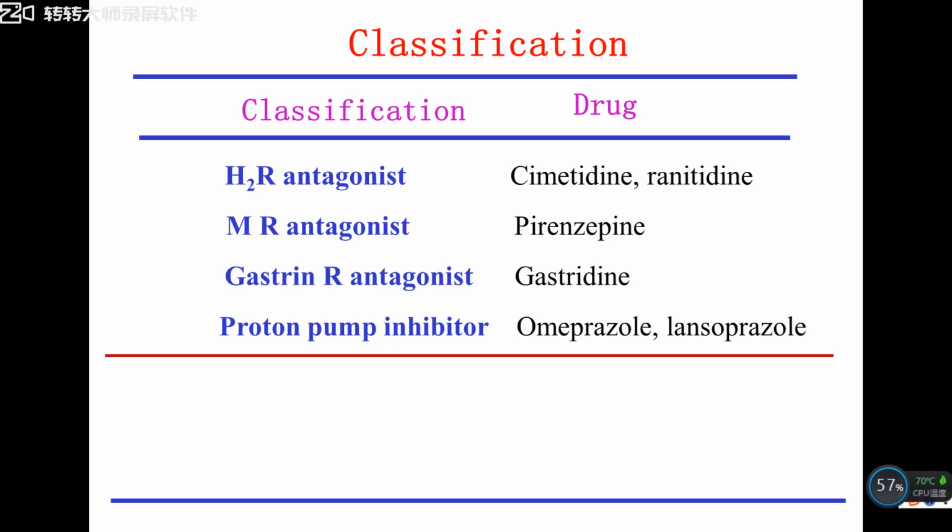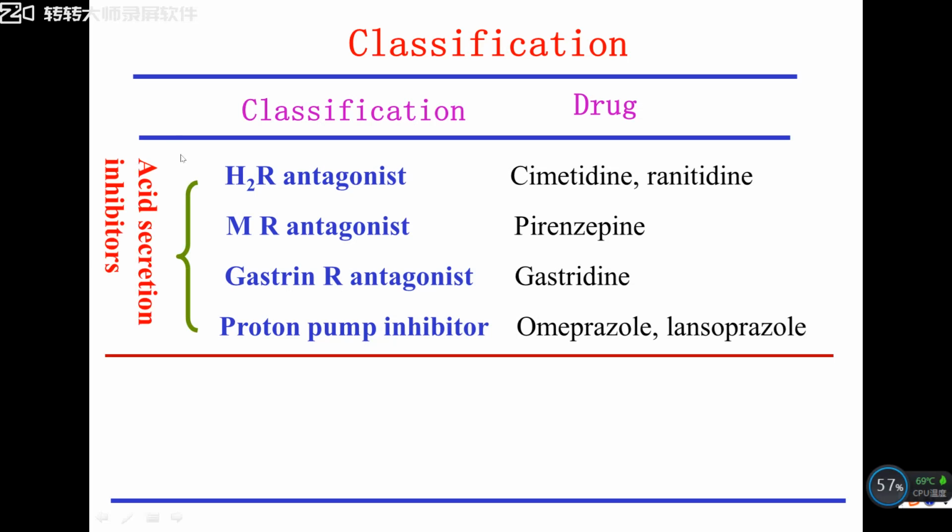The third one is gastrin receptor blockers, such as proglumide. The last one is proton pump inhibitors, such as omeprazole and lansoprazole. These 4 kinds of inhibitors are the same kind, acid secretion inhibitors.